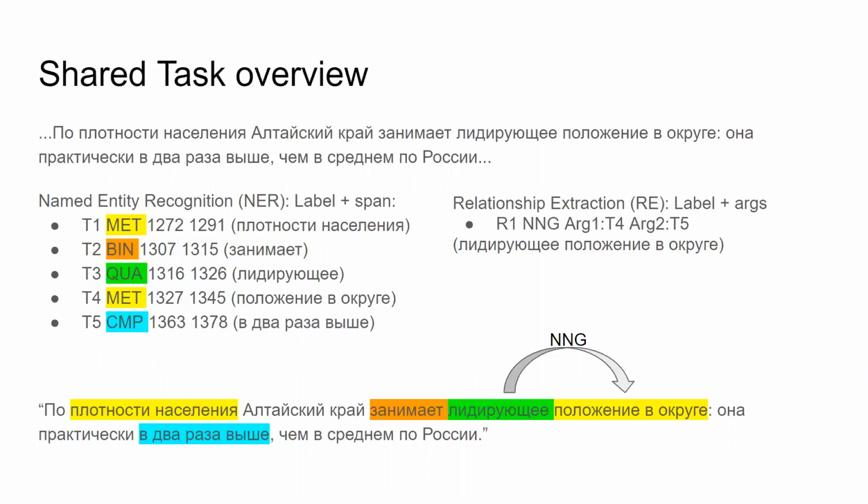In the RE task, we should detect the relations between entities and provide their labels. In the given example on the slide, you can see 5 entities marked from T1 to T5 of 4 different classes, and one relation marked as R1.